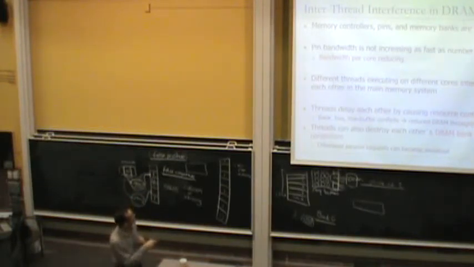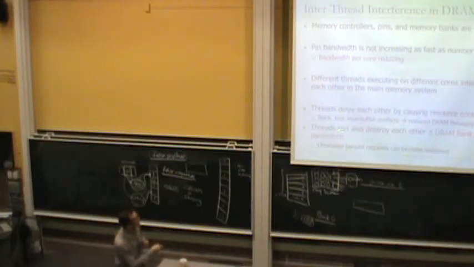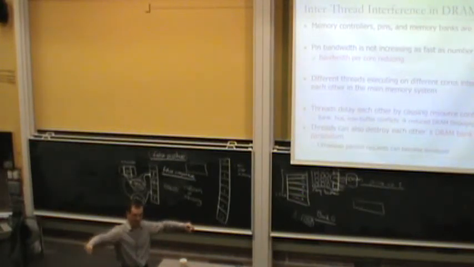So let's take a look at this interference a little bit. Why does this happen? It happens because of resource contention. You have these resources, banks, buses, row buffer, and you can get conflicts in those resources. That's why you need to schedule wisely. And I will show you that these different threads can also destroy each other's parallelism in memory banks. This will become more clear. If a thread is running alone, it could utilize all of the banks concurrently, if it has multiple requests outstanding.